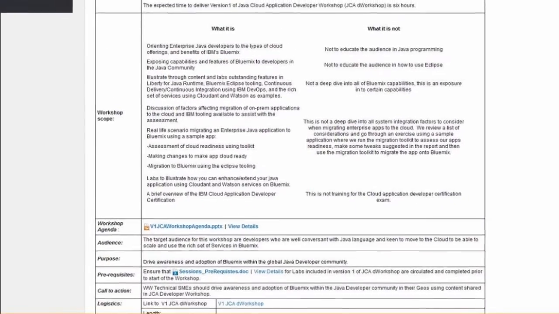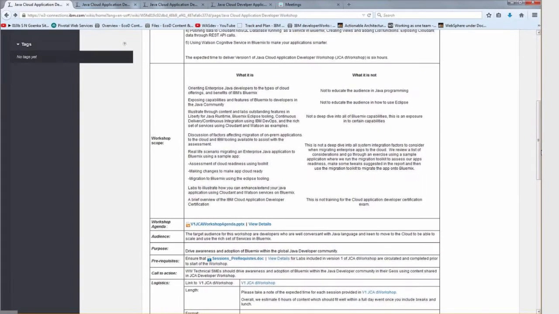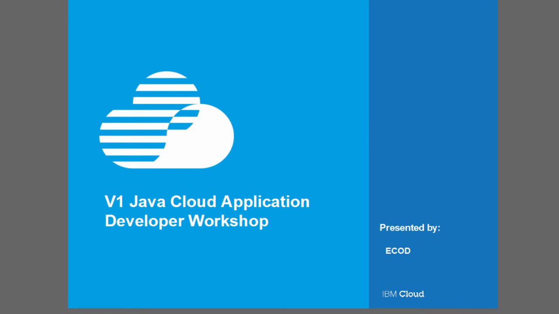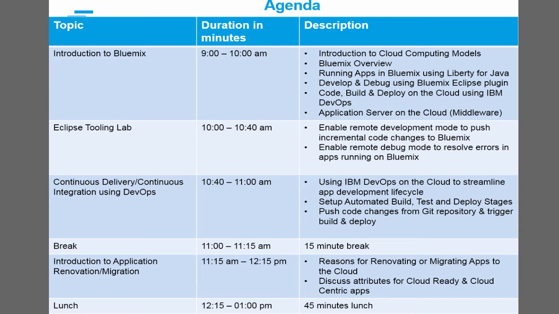So let me take you to a sample agenda, just a sample to give you a feel of how you could arrange your agenda. So here is the version 1 Java Cloud Application Developer Workshop agenda.